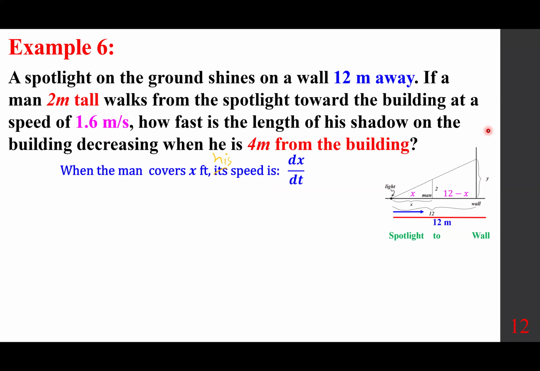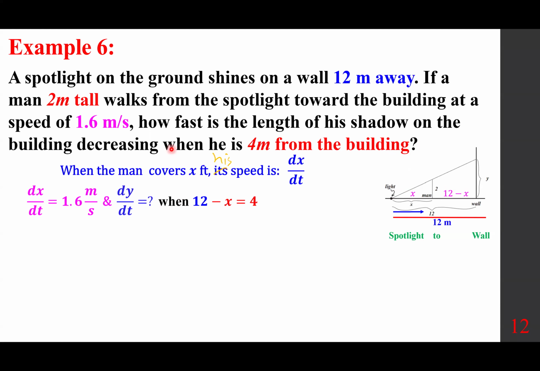At what point? When he's 4 meters from the building. So if he's 4 meters from the building, that means 12 minus x is 4. That means x must be 8. dx dt is 1.6 meters per second. dy dt is missing.